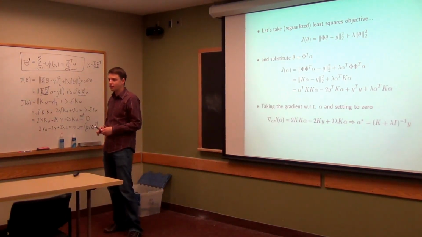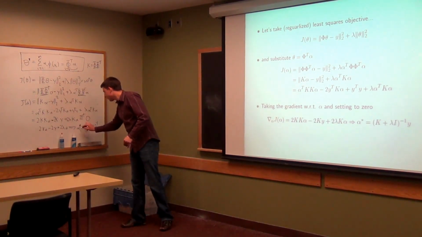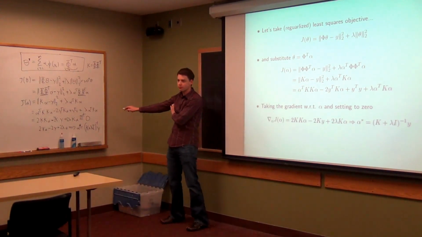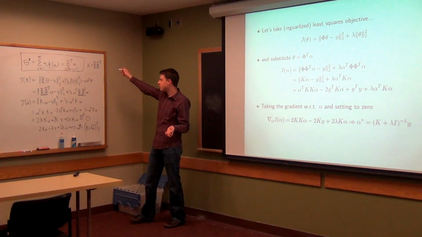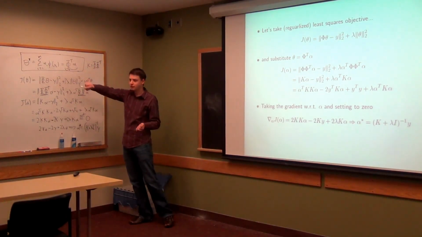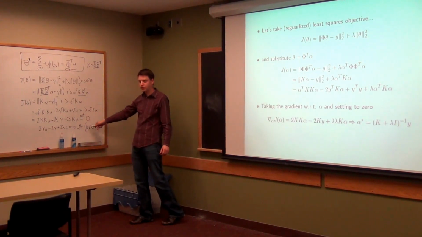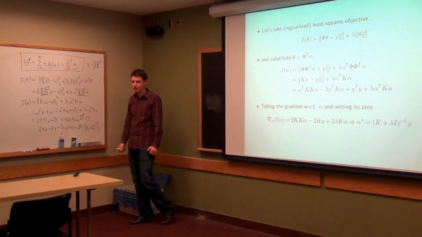We find that alpha star has this form. So again, this does not depend on phi or theta at all. It's just our kernel matrix, which is all the possible inner products, plus lambda I, inverse, times y. All things we can compute.